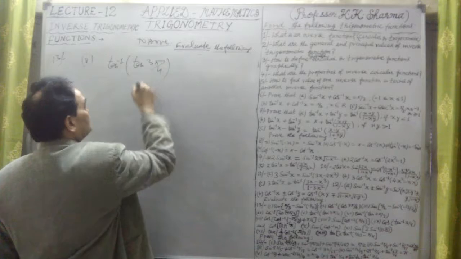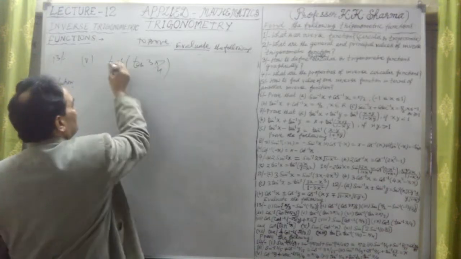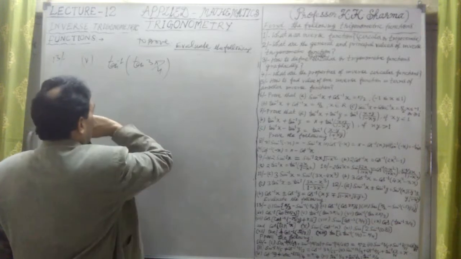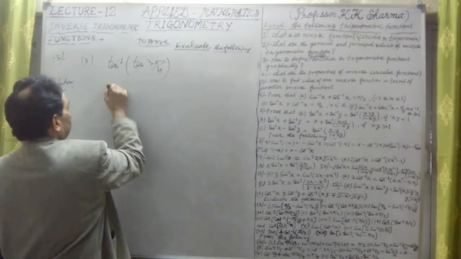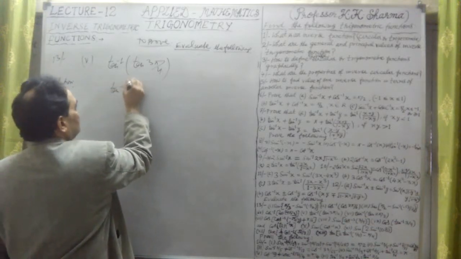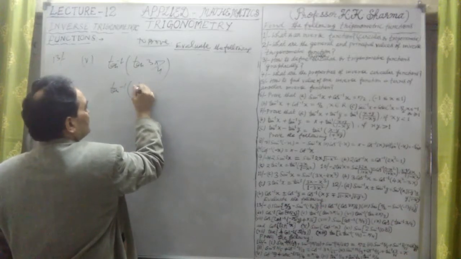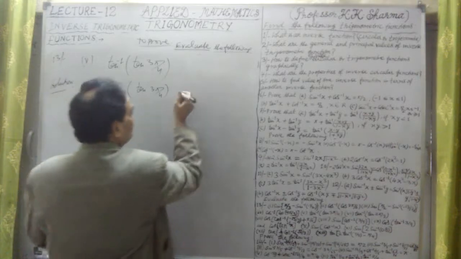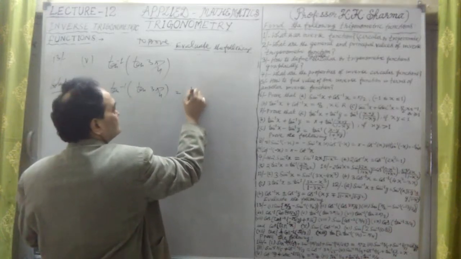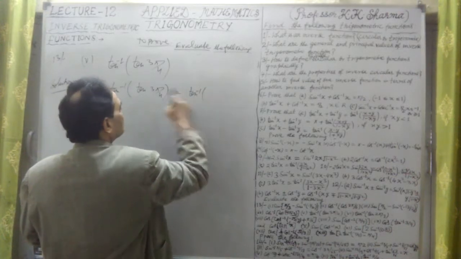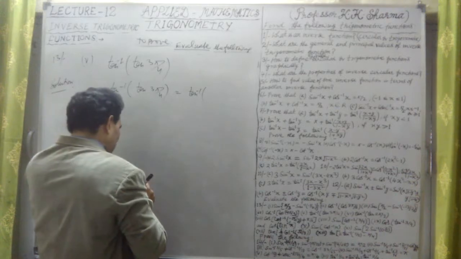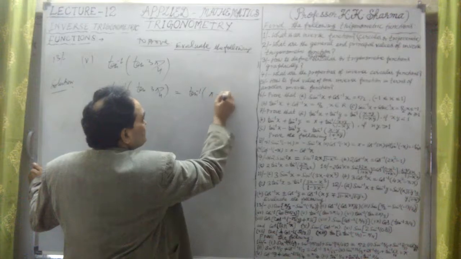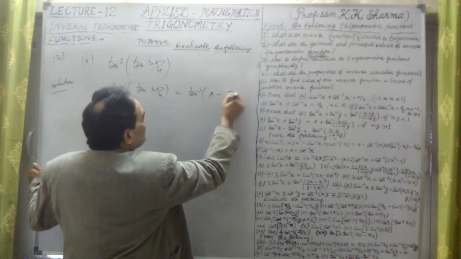Again, tan 3 pi by 4. Pi by 4 is 45 degrees, into 3, that means 135 degree. Okay, so we can write it as, let me take tan inverse of tan of 3 pi by 4. Now this value will give us tan inverse tan 3 pi by 4 is pi minus pi by 4.